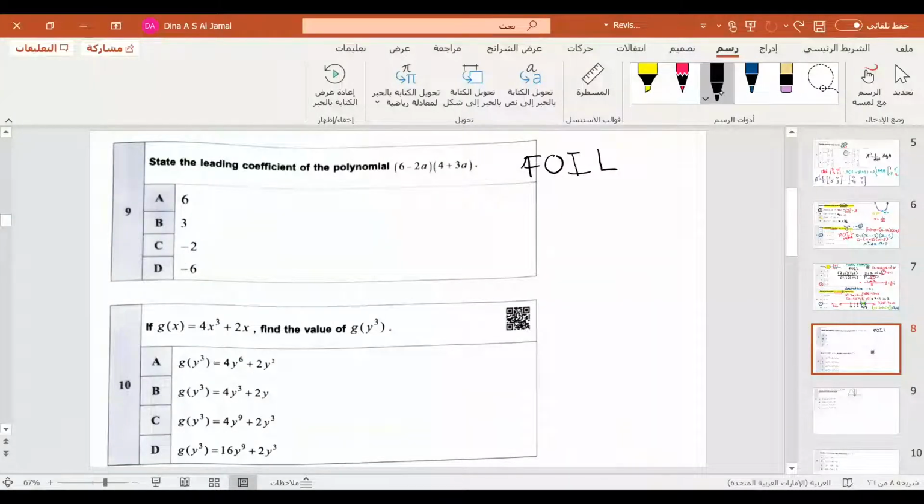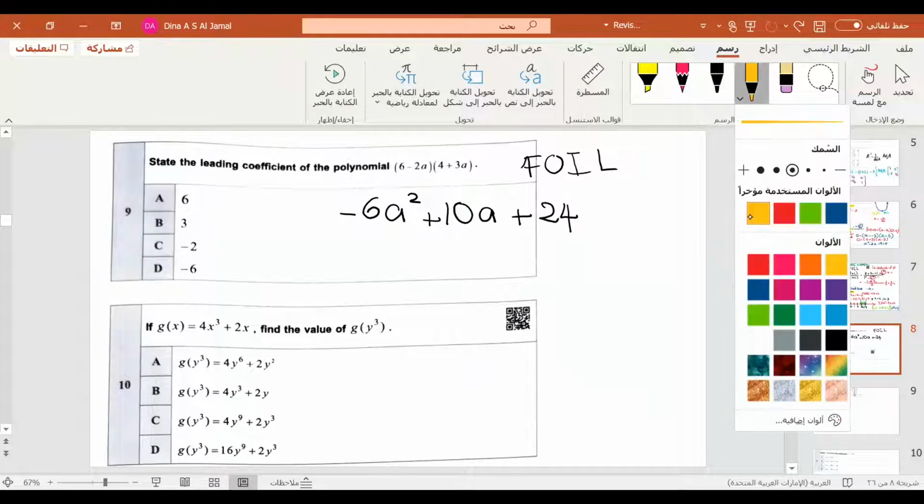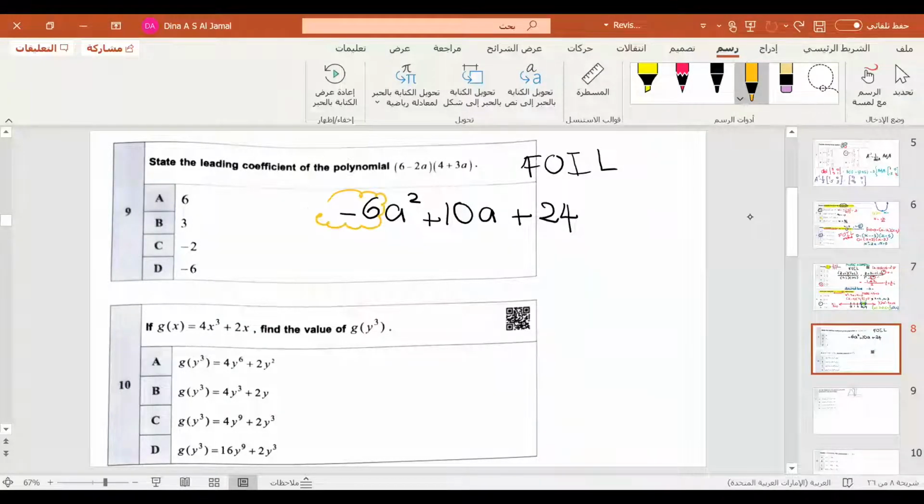After you use the FOIL method, you will get minus 6a squared plus 10a plus 24. After doing this, you go to the first element, which is the leading coefficient of the quadratic term. And this will be your leading coefficient. Option D.